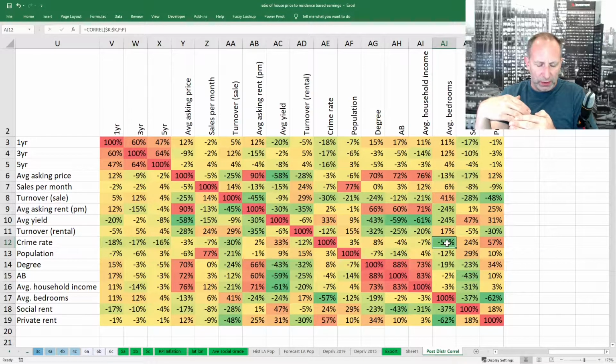Expensive areas in city centers can have just as much crime as bad or poor areas in city centers. It's just city centers. And then you've got the suburbs, which are quieter. And even if it's a poor area with low social grade people, you will very often find virtually no crime.